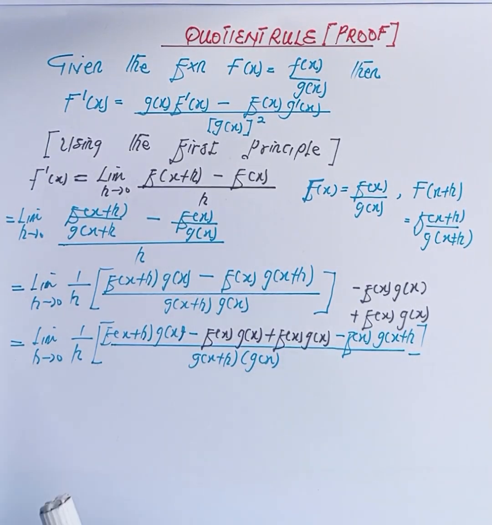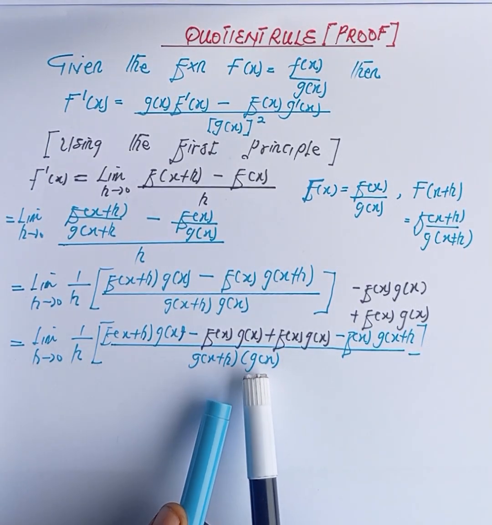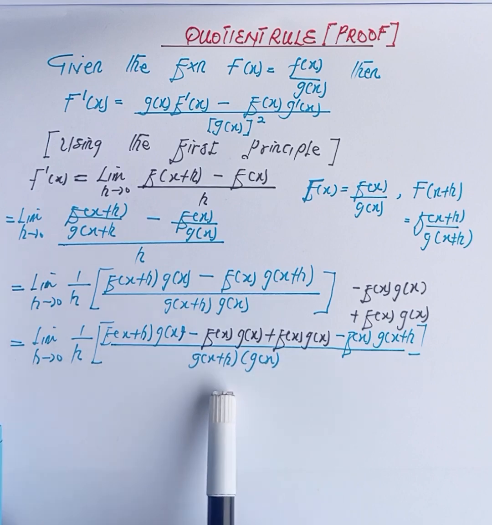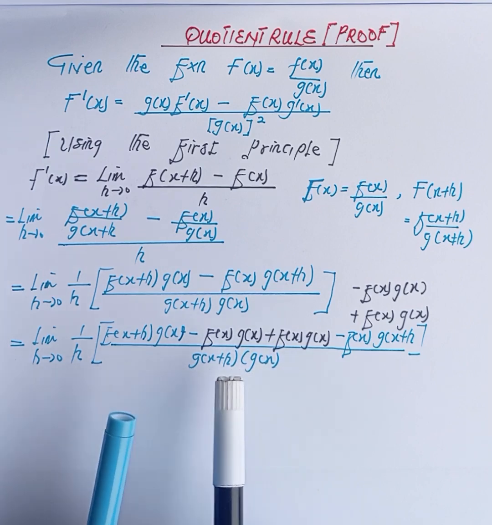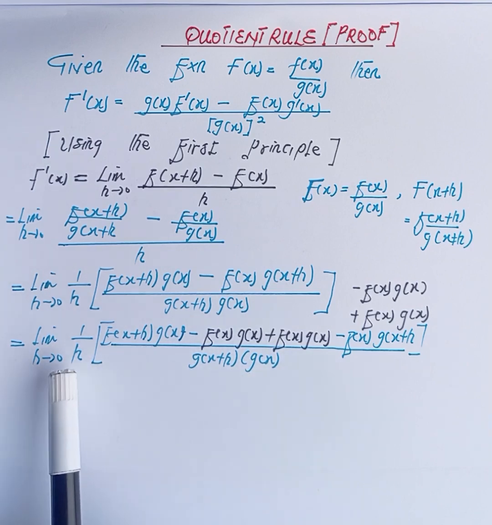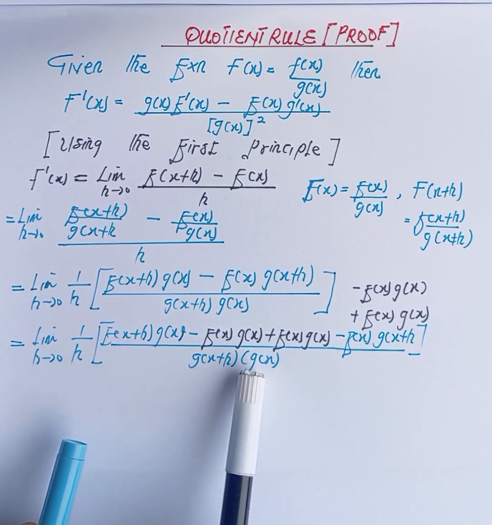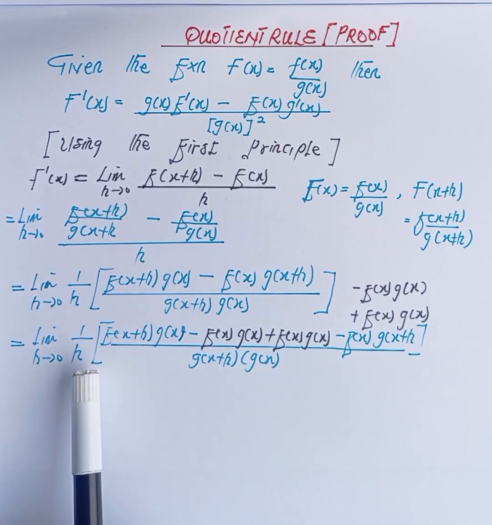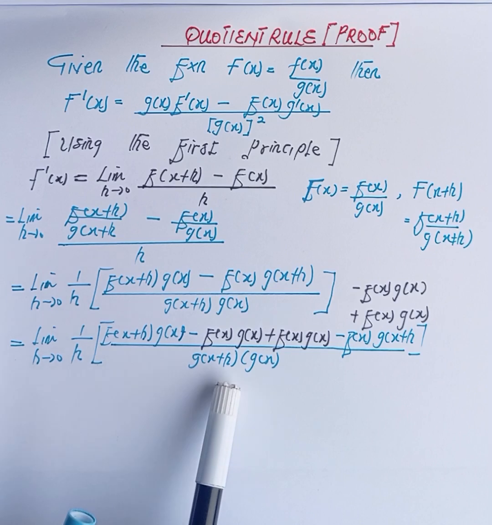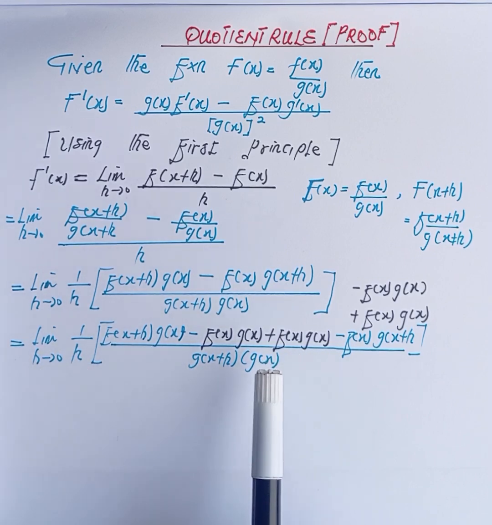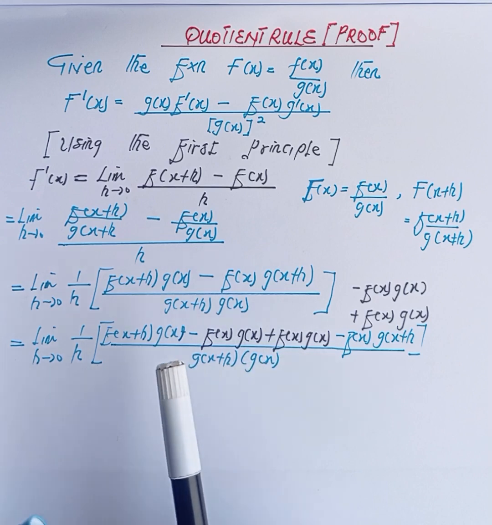Now since h and g at x plus h times g at x are denominators and they are multiplying, we can interchange their position. The h will come here and then g at x plus h times g at x will come there. It doesn't change anything since they are all denominators and they are multiplying.